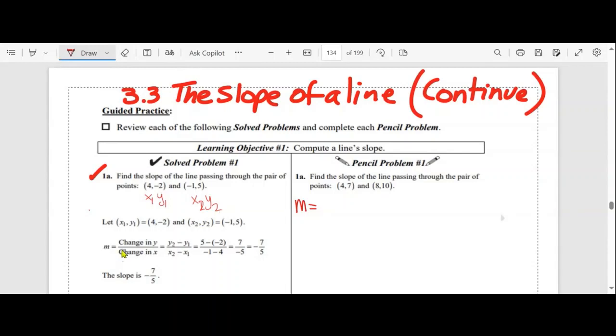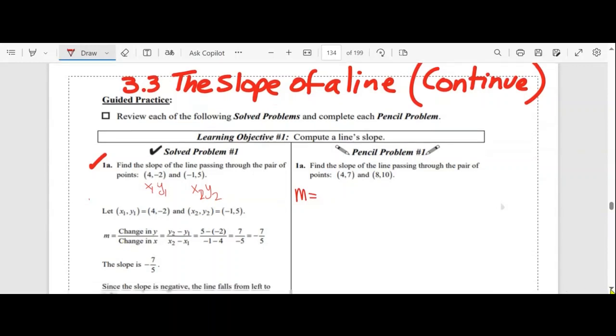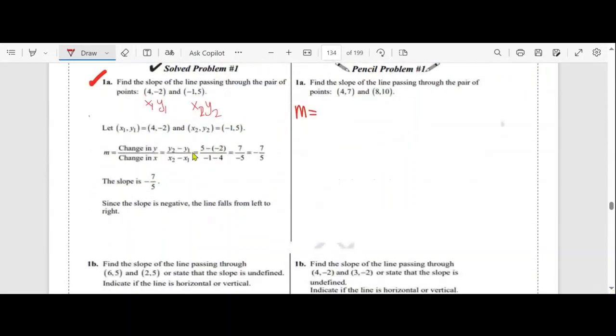Now you have to do the change in y over the change in x, which is y2 minus y1 over x2 minus x1. Then you put the numbers in and evaluate, and you get negative 7/5, and that's the answer. Since the slope is negative, because you have a negative sign here, what happens to the line? It falls. If it's positive, then it rises. Is this clear?